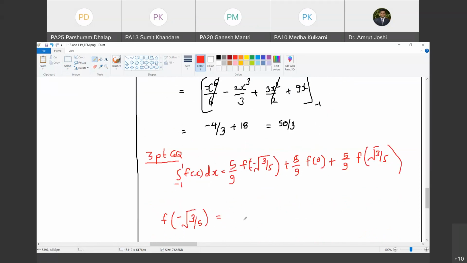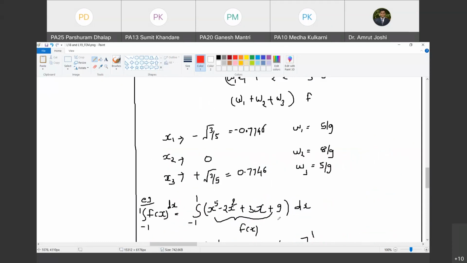So that is minus root 3 by 5 raised to 5. Happy? Yes, sir.